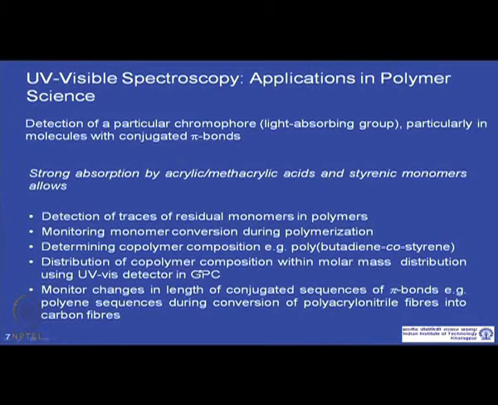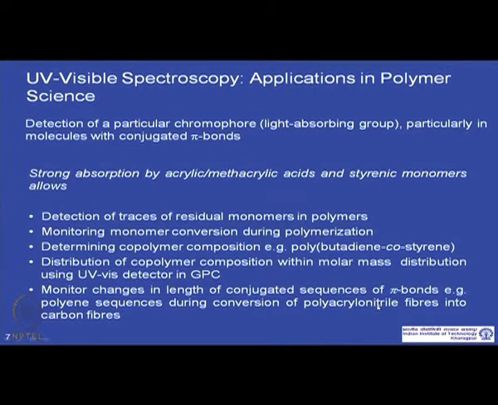As we discussed in the case of the GPC technique, we can use a UV visible detector to find out the molar mass distribution, and with the help of UV visible spectra we can get the GPC molar mass distribution curve.